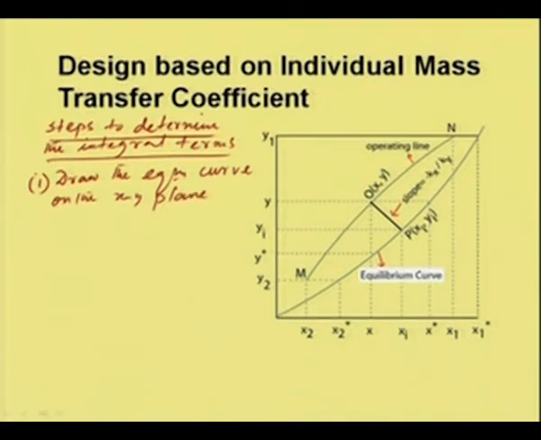So, this is the equilibrium curve which is plotted based on some values available, and then draw the operating line.